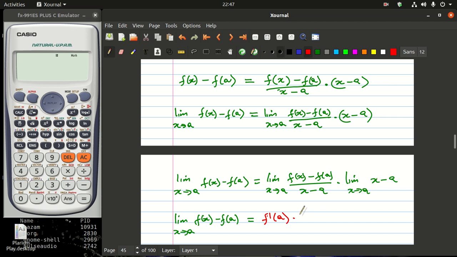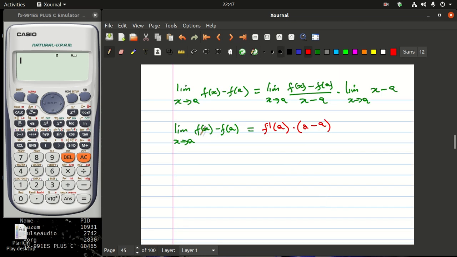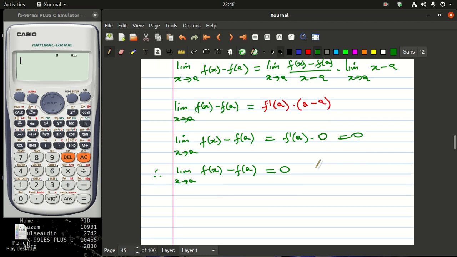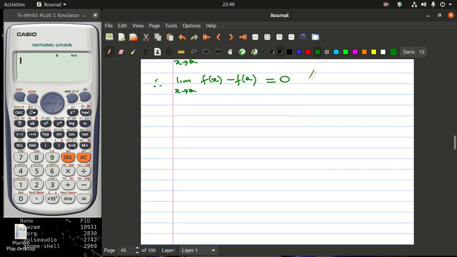So I'll end up with an a minus a. So the limit as x approaches a of f of x minus f of a is just equal to f prime of a times 0, which is just 0. So the limit as x approaches a of f of x minus f of a is equal to 0. Now, we haven't proved what we wanted to prove here, but this is good.